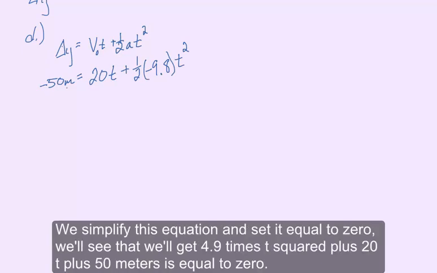If we simplify this equation and set it equal to 0, we'll get 4.9 times t squared minus 20t minus 50 meters is equal to 0.